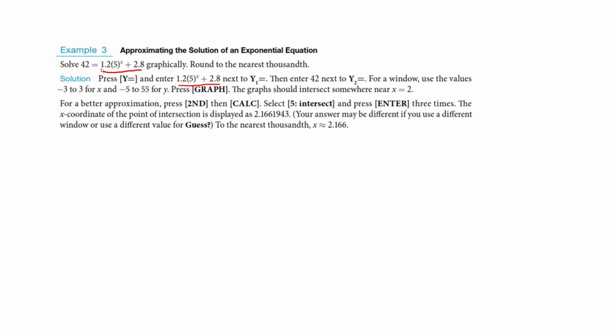So you're taking the right side and you're putting it into your calculator. Now, if you then made a line that said y2 equals 42, it's going to make a y line. So if you had your graph here, it's going to make a y line at 42, where y is always 42. Does that make sense?